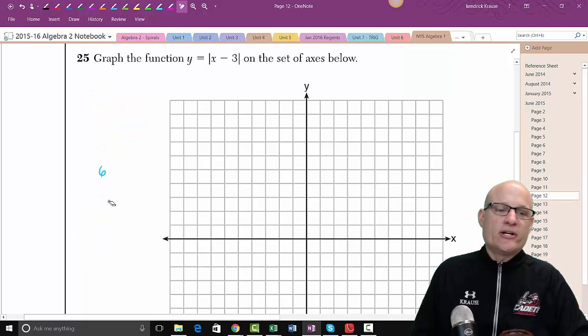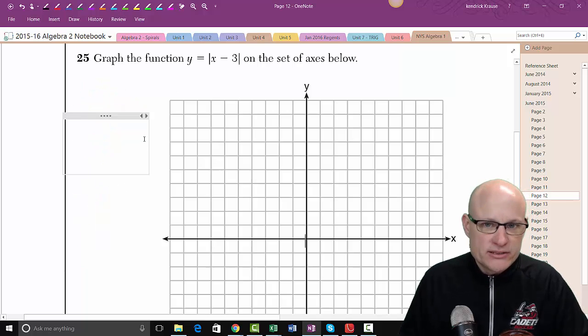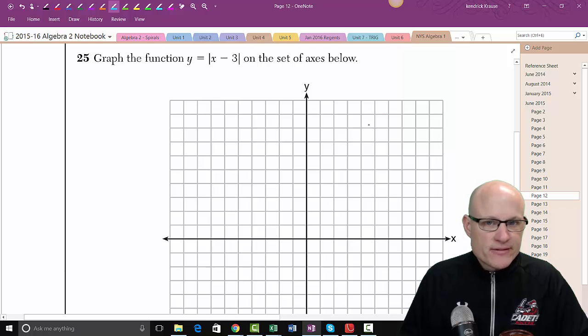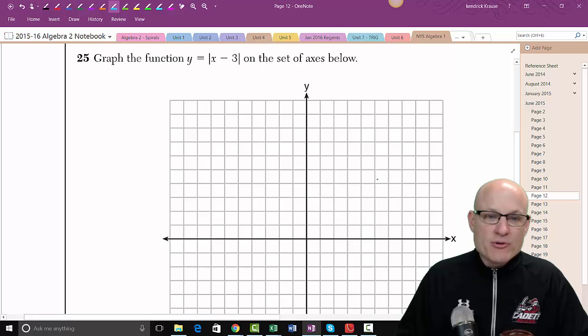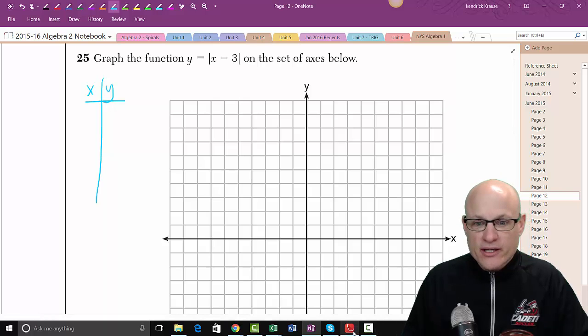Yo, let's back up the crazy train. Not sure what I was doing there. Anyway, I would use a table of values. Go over here, table of values. Actually, okay, I'll do it.